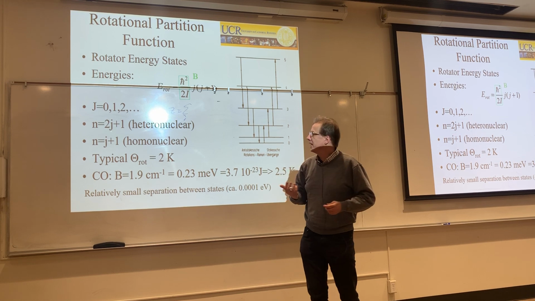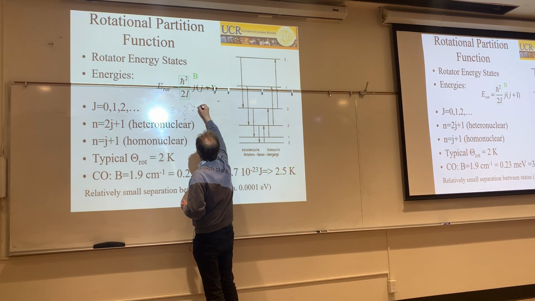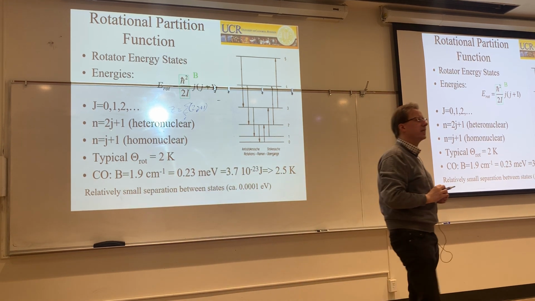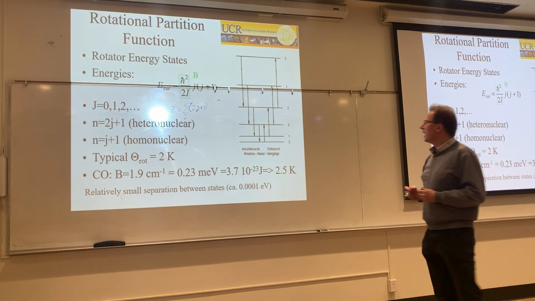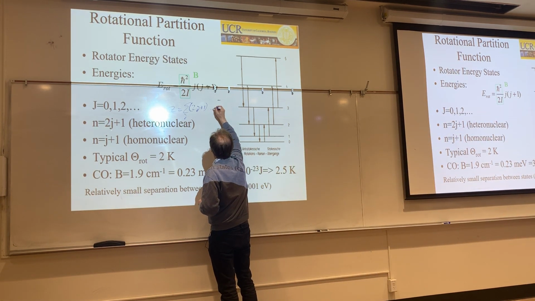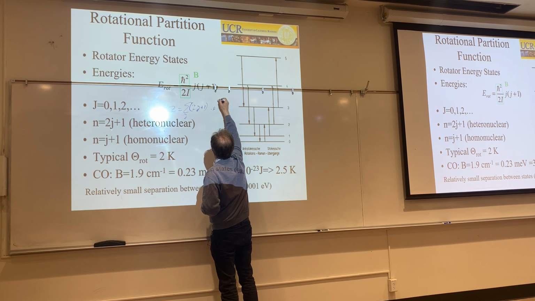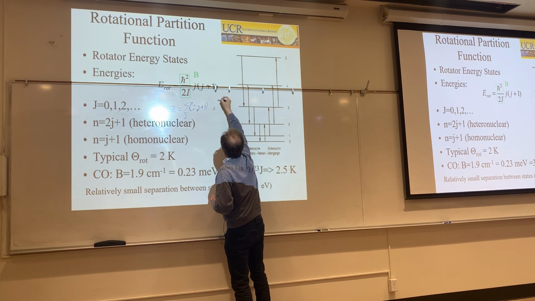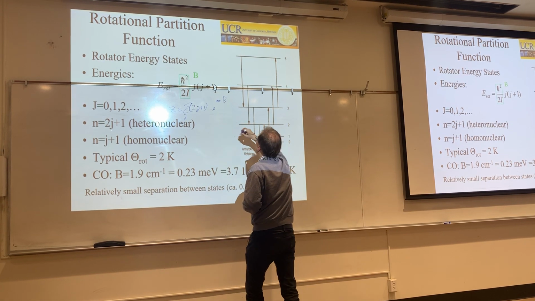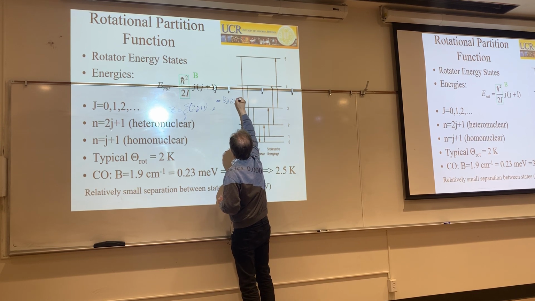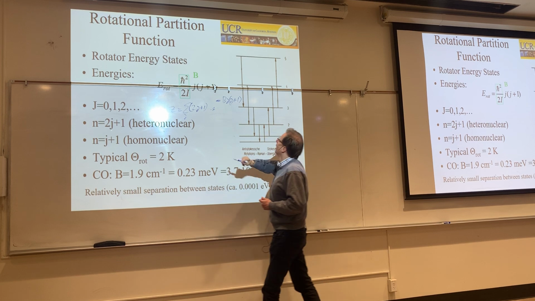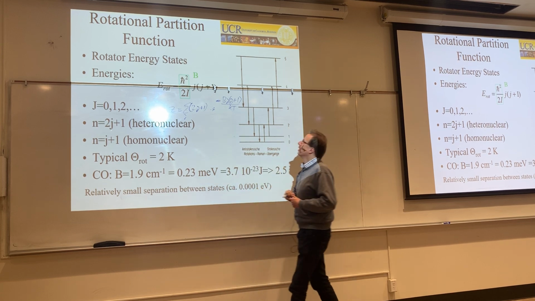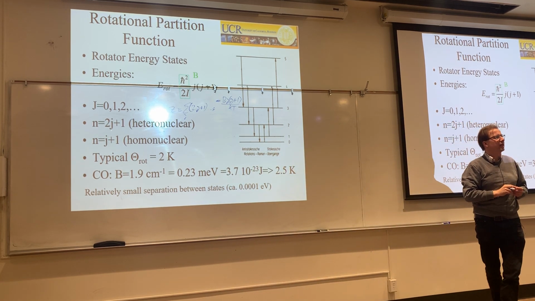And then every state J is there 2J plus 1 times, correct? That is the degeneracy of that state. And that is multiplied by e to the power of minus the energy, which is B times J times J plus 1, with a minus sign, divided by kT.